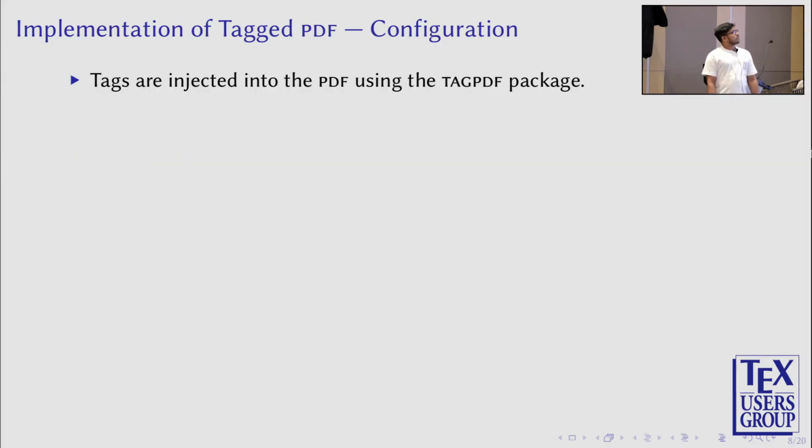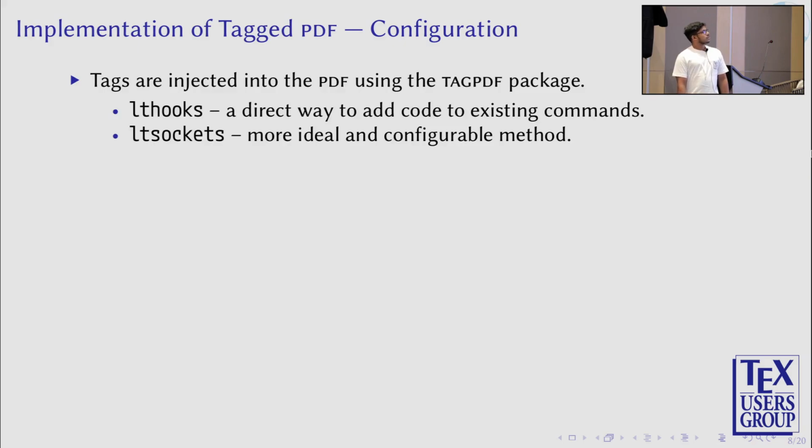Next are the configurations that we did to generate the tagged PDF. We use LT hooks, which is very useful to us for injecting the tokens, like the tags. Then we use LT sockets, which is very good for plugging.